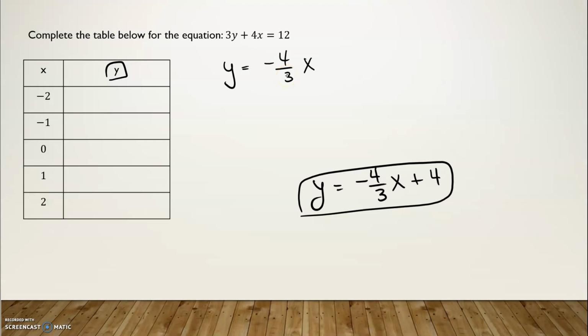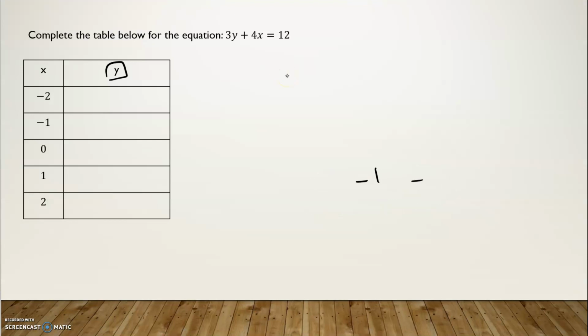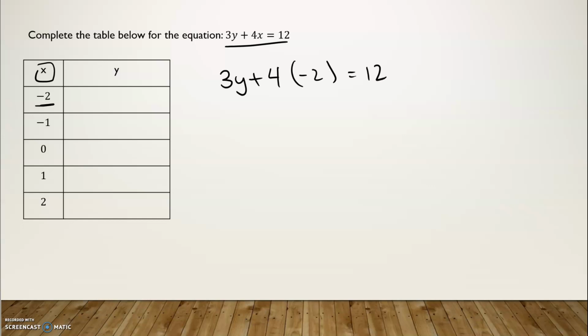Okay, so what we're going to do now is, let me get rid of this. We're going to complete this table using this equation, and they give us x values to plug in. So we'll just take 3y plus 4x, and I'm going to use this -2, is equal to 12, and then I'm going to solve for y.